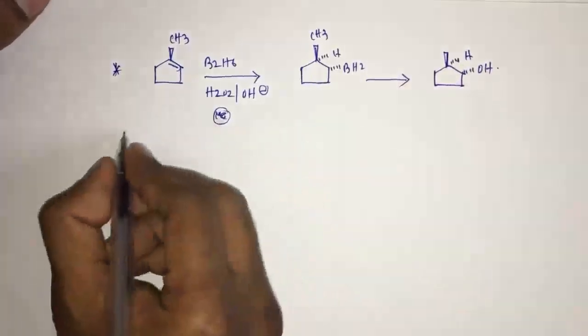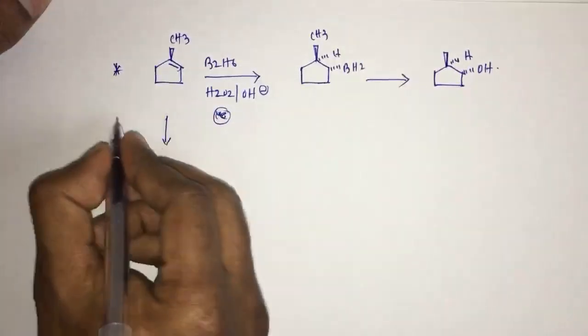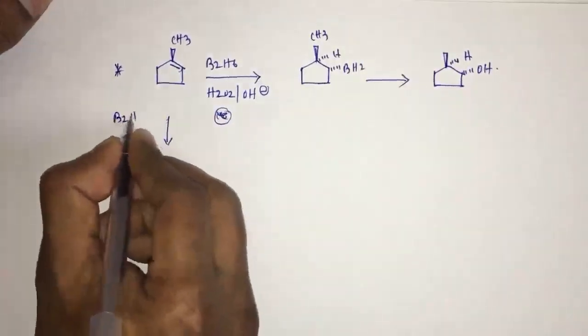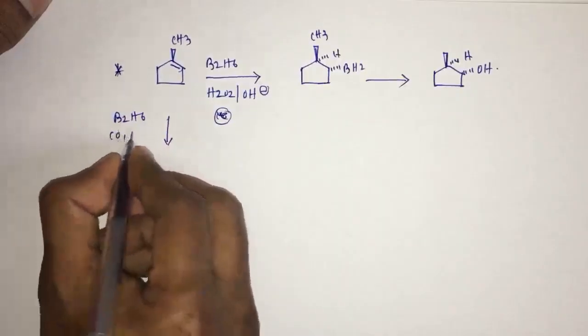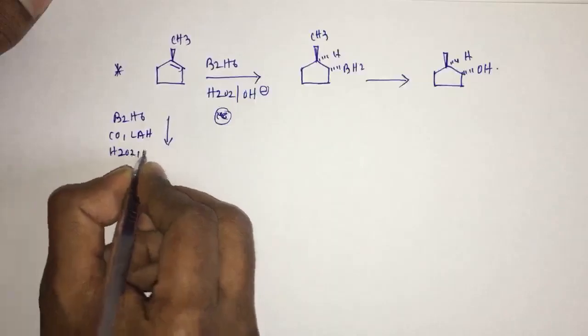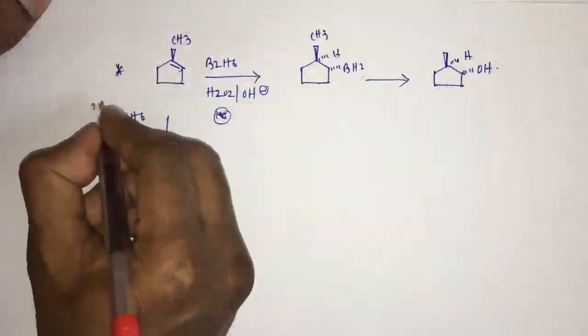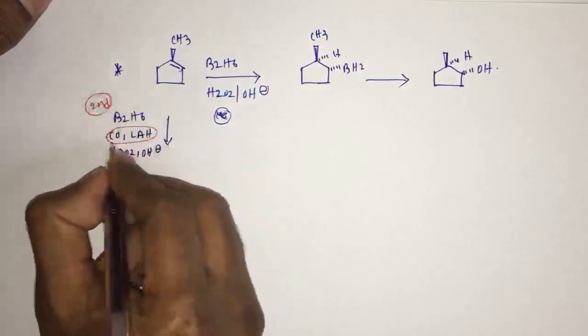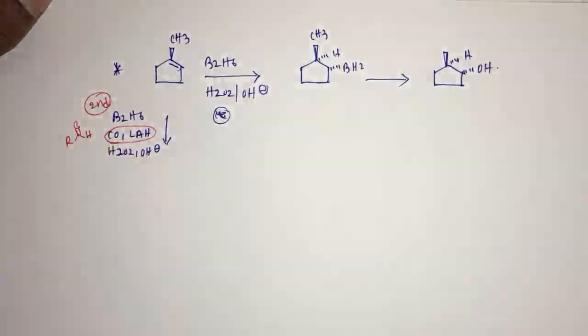And in the second example, I'm taking the same thing. So here we have B2H6, then CO, lithium aluminum hydride, H2O2 and OH minus. So I have given the second mechanism. When lithium aluminum hydride is there, we will get an aldehyde as the product. So you just go through that mechanism.